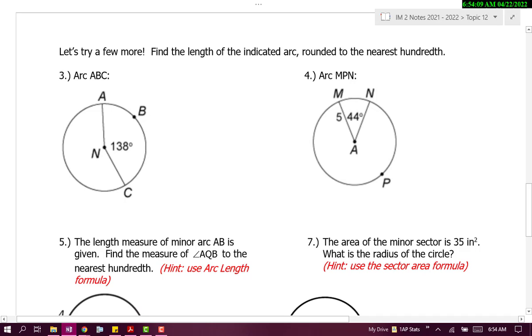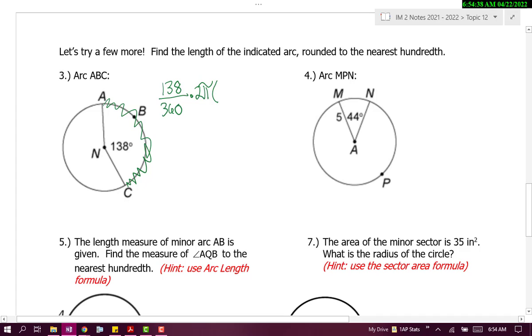So find the length of the indicated arc, rounded to the nearest hundredth. So number 3. Well, we got our angle, 138, because we want arc ABC. So that is the minor arc, and we have 138 out of 360 times the circumference 2 pi r.